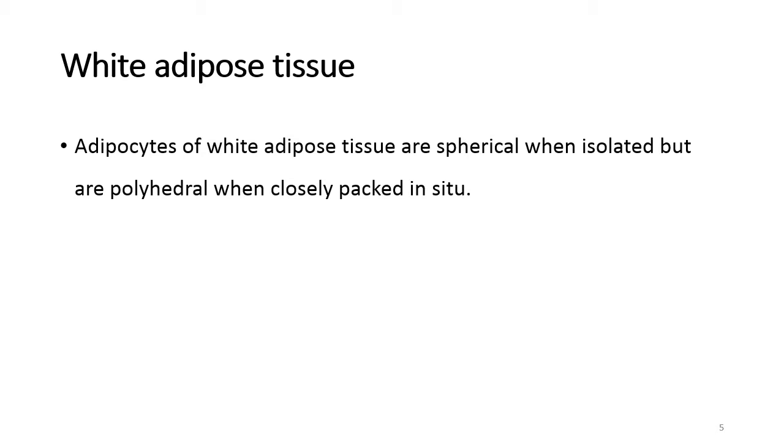The adipocytes of white adipose tissue are spherical when isolated, but are polyhedral when they are closely packed. That means that when the adipocytes are individually isolated, they appear spherical, but when they are closely packed together, they are polyhedral.